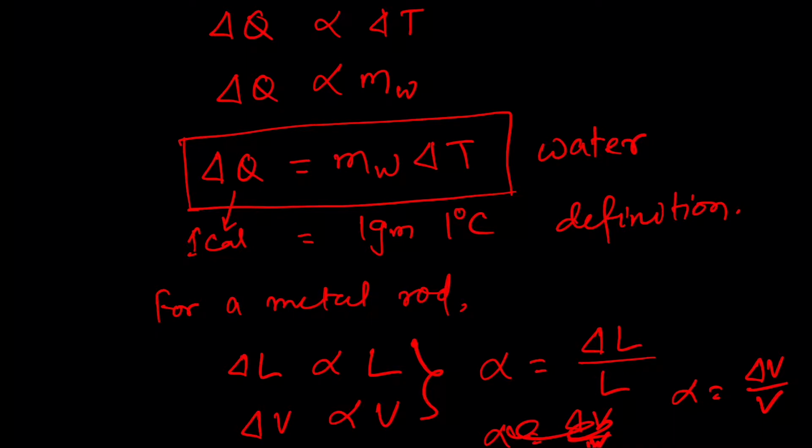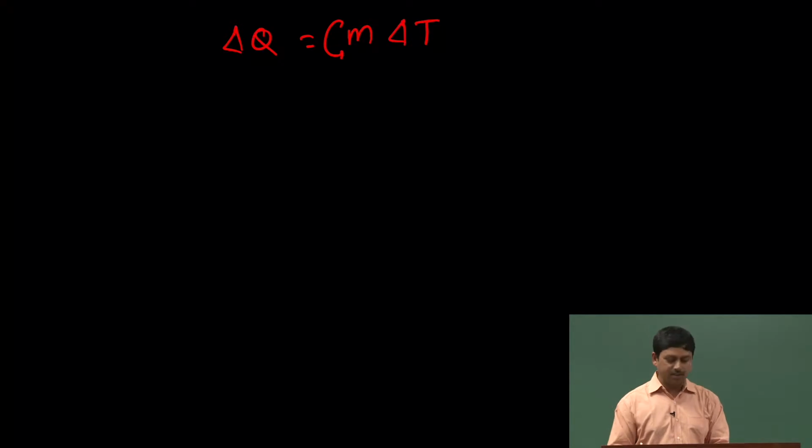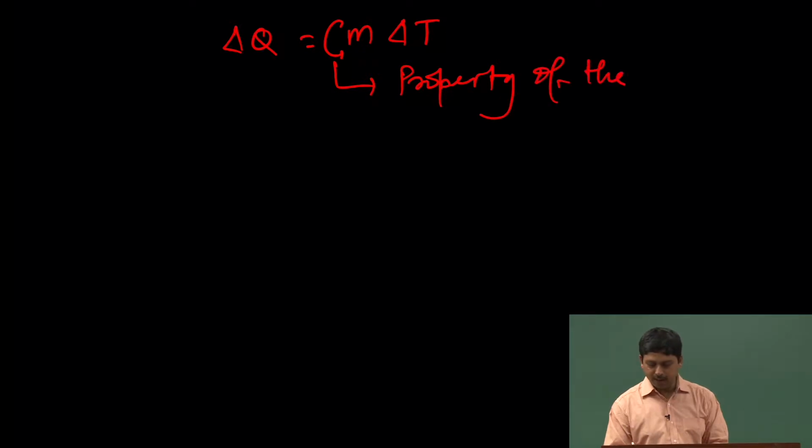Right. So, in the case of other systems, not metal or not water, your heat will depend on the mass of the system, temperature, and something called specific heat, that is the property of the material.